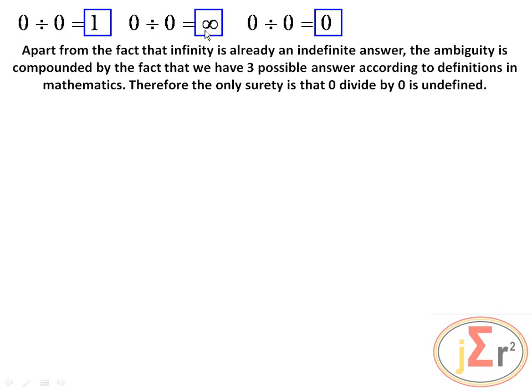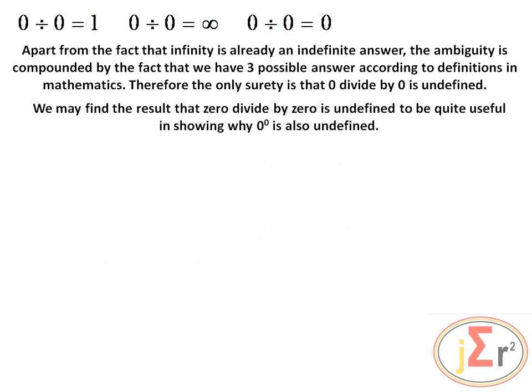But compounding the problem, we have two other answers that are different. They are different from infinity, and they are different from each other. Therefore, the only surety is that when we divide 0 by 0, we get an answer, or we do not get an answer. The result is undefined.